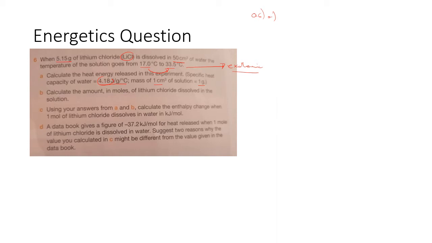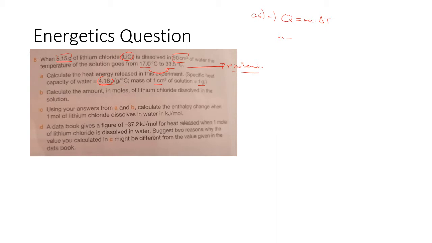And if you remember, we'll need to use this equation, Q equals mc delta T, where Q, of course, is the energy change, m is the mass, c is the specific heat capacity, and delta T is the change in temperature. M, in this case, is another interesting part, because we're given two values for the mass: the 50 centimeters cubed of water and the 5.15 grams of lithium chloride. Some of you will say that it's more complicated to calculate the mass of this solution.